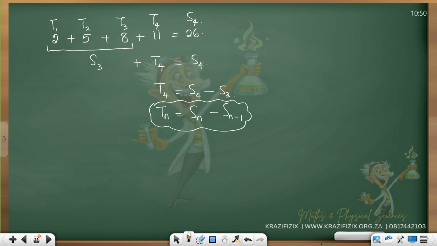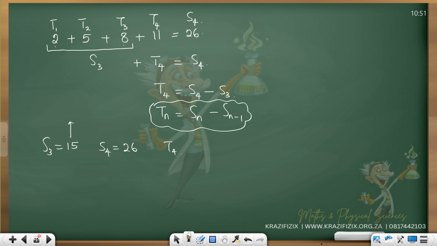And we can actually get the maths. 2 plus 10, okay, so it's 15. So if you look at this, in this case our S3 is 15, and our S4 is 26. What is T4?